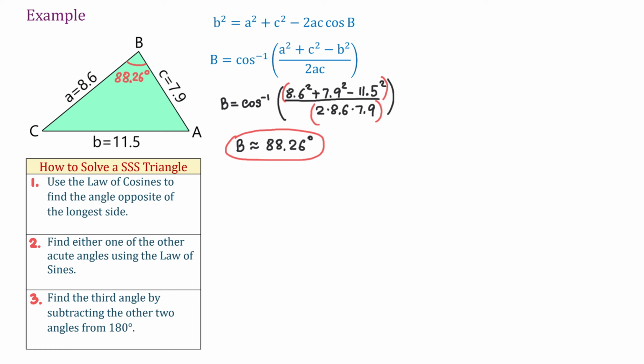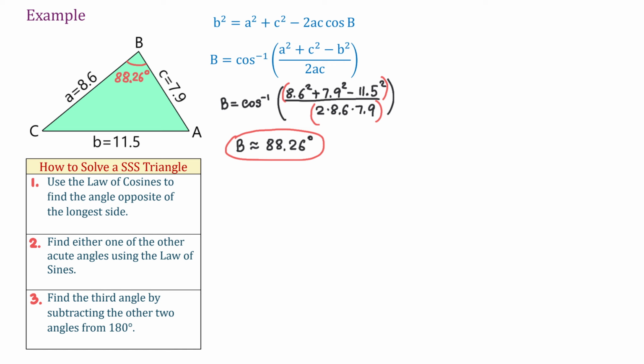Now, before moving to the next step, let's discuss why in step 1 we need to find the angle opposite the longest side. First of all, the angle opposite the longest side is going to be the largest angle in the triangle. And because of this, it could potentially be an obtuse angle.